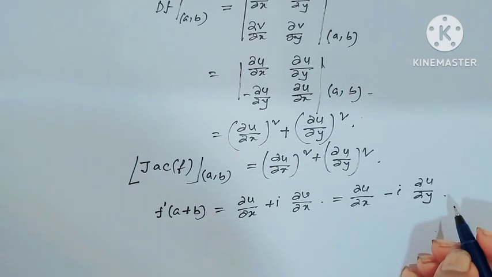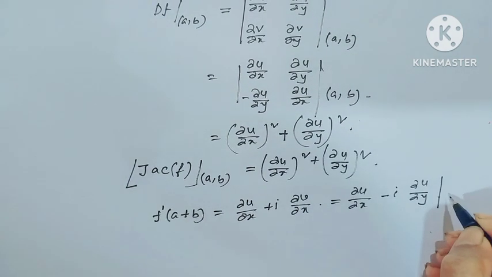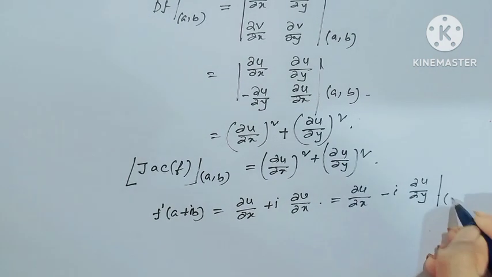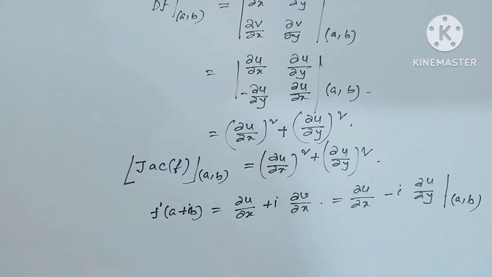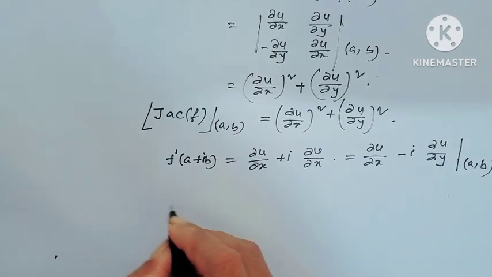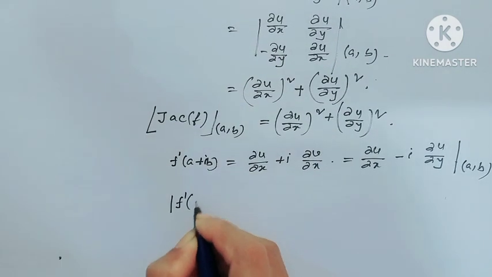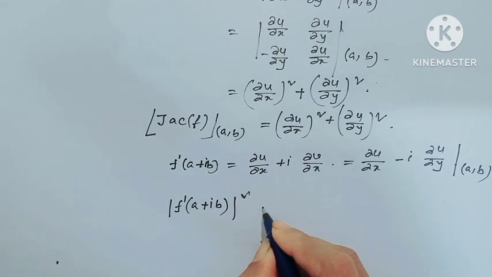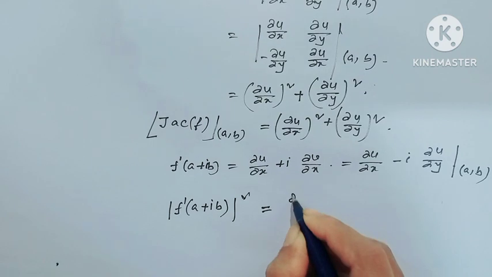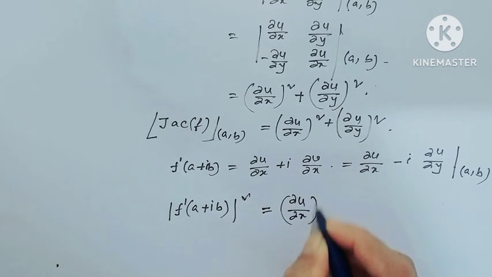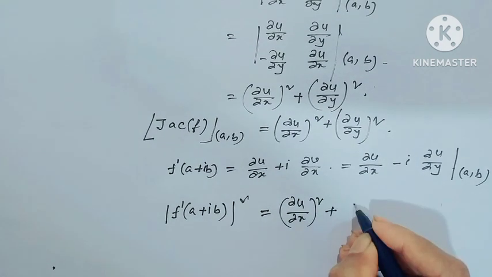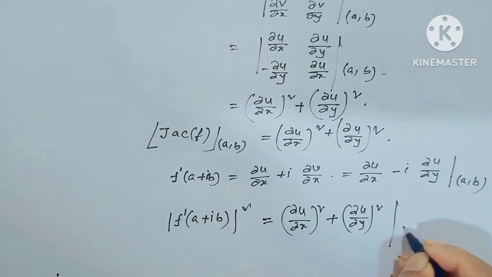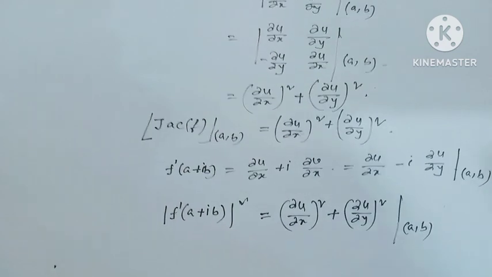This is f prime at the point (a, b), and the absolute value of f prime squared would be (del u del x) whole square plus (del u del y) whole square at the point (a, b).